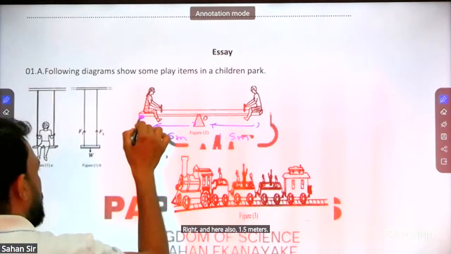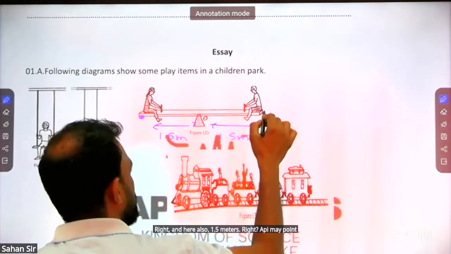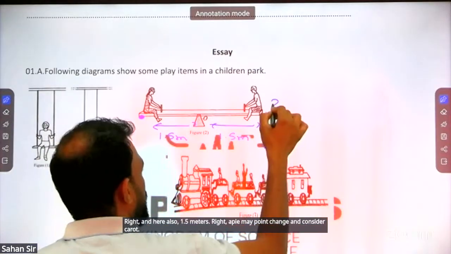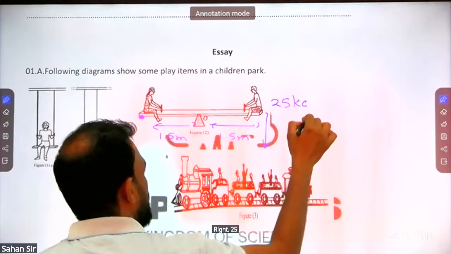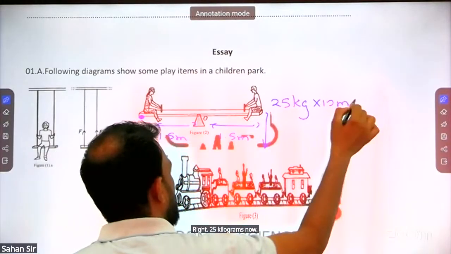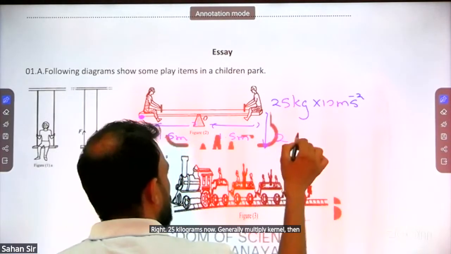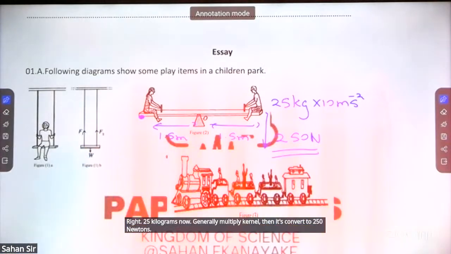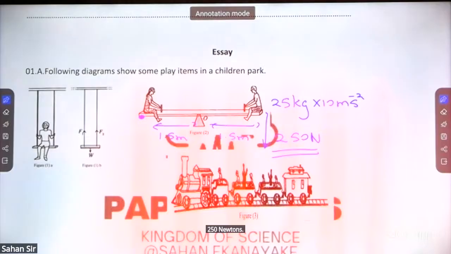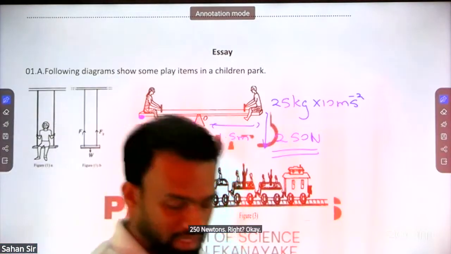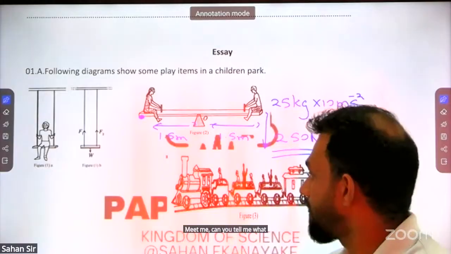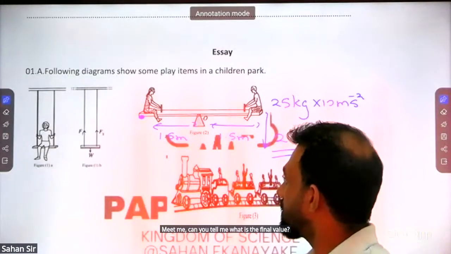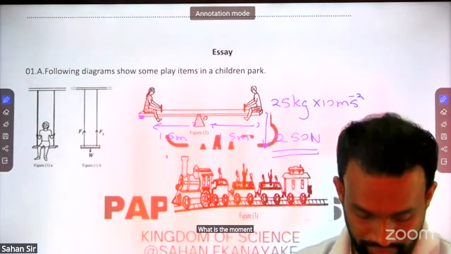Right. අපි මේ point එකේ ඉඳන් consider කරොත්, 25 kilograms නම් 10 වලින් multiply කරනවා, then it's converted to 250 newtons. Right? Okay. With me, can you tell me what is the final value? What is the moment of couple of force?